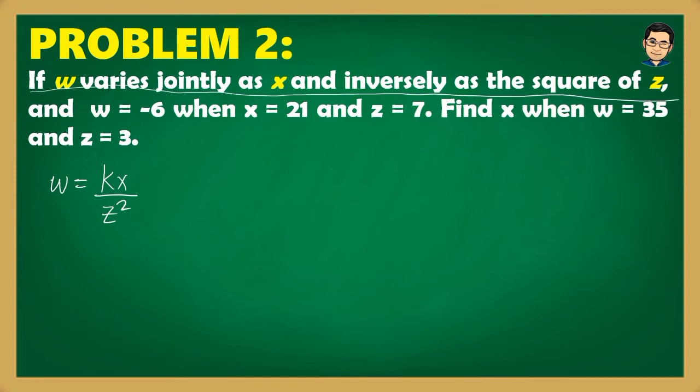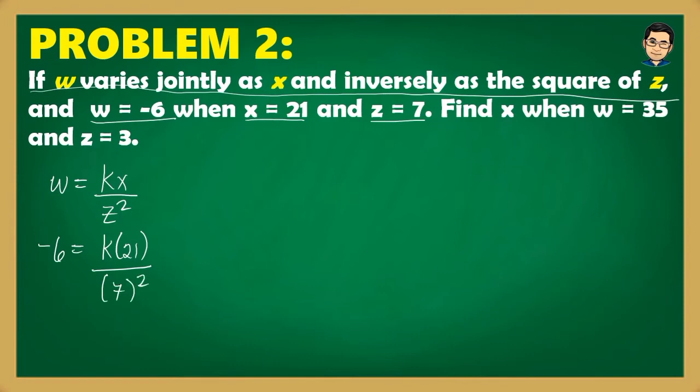And then, substitute natin yung mga given. So W is equal to negative 6, X is equal to 21, and Z is equal to 7. So W, that is negative 6, equals K times the value of X, which is 21, over the value of Z, which is 7. So that is 7 squared.